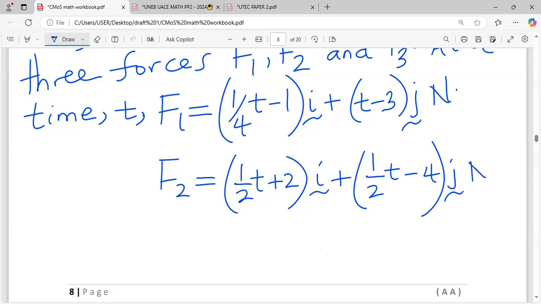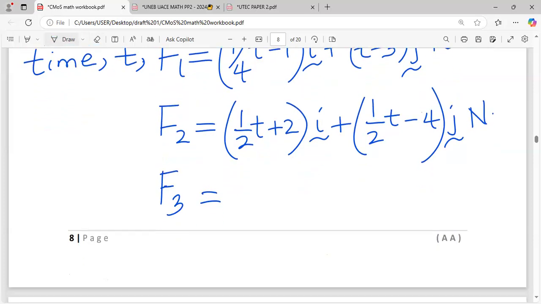This is a force, so you have to put newtons. Then F3, force 3.